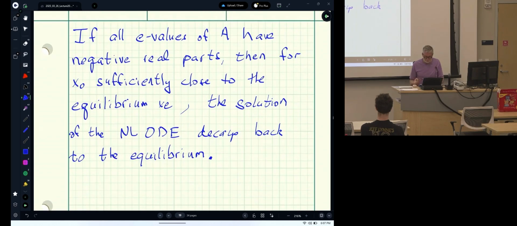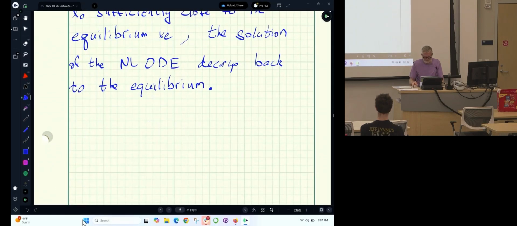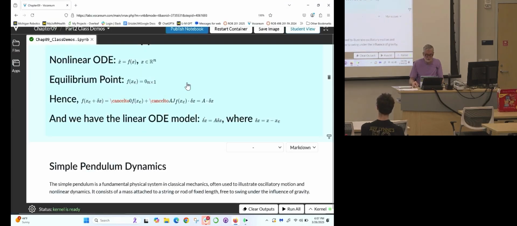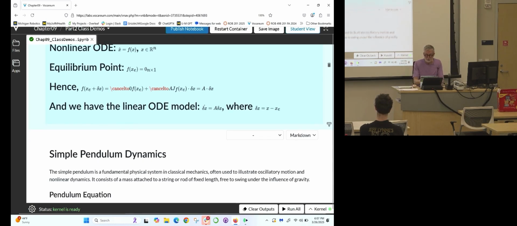And so this one fact, stated more formally in the text, is local asymptotic stability. What this boils down to is putting a 0 through f of x e, and taking the Jacobian and calling it A. So f of x e is A times delta x, just like we wrote down.